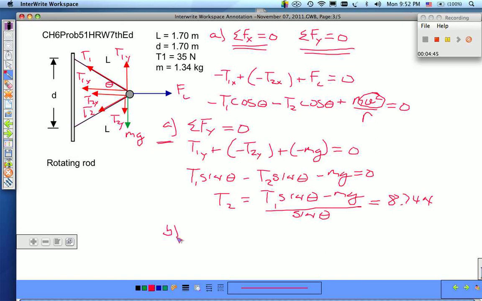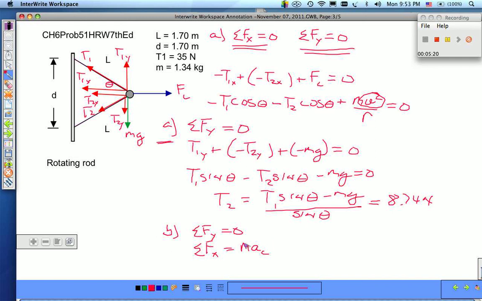Part B wants to know the net force on the ball. The net force on the ball in the y direction is 0. The sum of those forces equals 0. For the net force on the ball in the x direction, I have to go to the more conventional approach, and that is to say that the sum of the forces in the x direction, in this uniform circular motion in the horizontal plane, is equal to m a sub c, where a sub c, the centripetal acceleration, points radially inward.